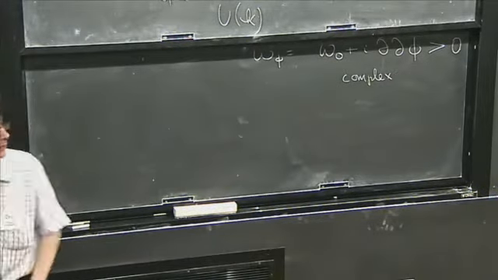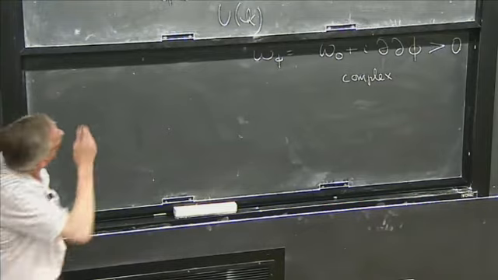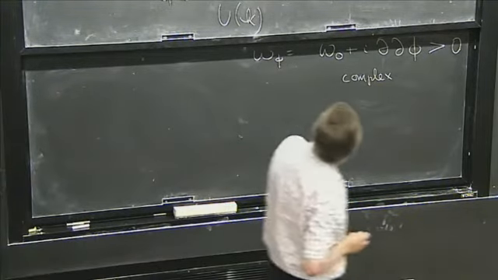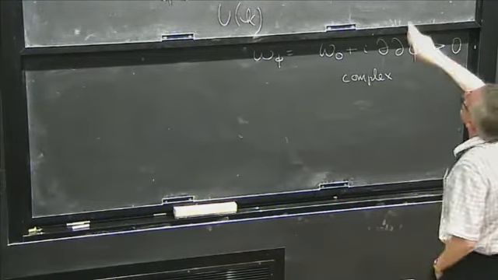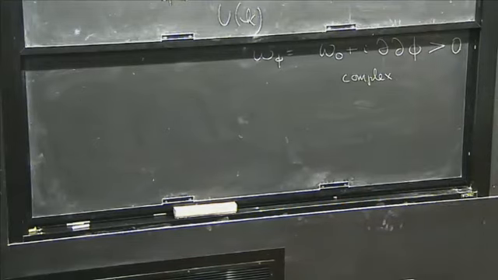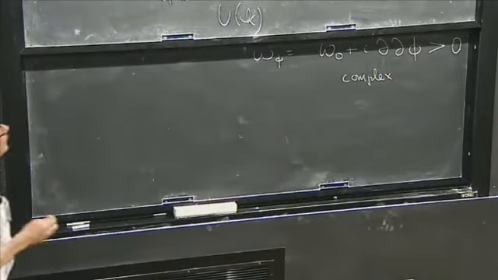But another point of view is to say that if we think about such a Kähler metric, I mean, we have three different structures. We have a complex structure, we have a Riemannian metric, and we have a symplectic form, which are all, any two determine the third.